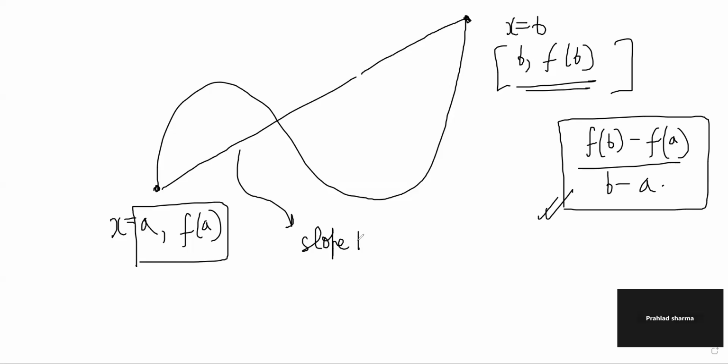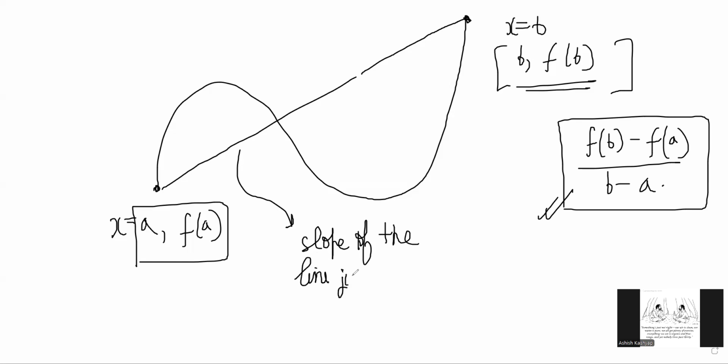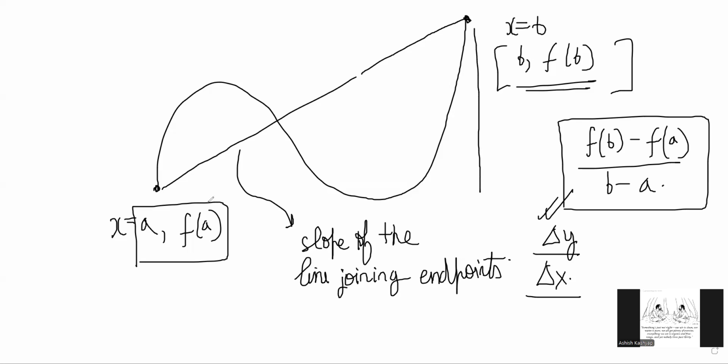Slope of the line joining the endpoints of the interval. And basically, you can also think of it as change in y by change in x over the whole interval, right? Change in y is f(b) minus f(a). Do you understand what I'm saying?